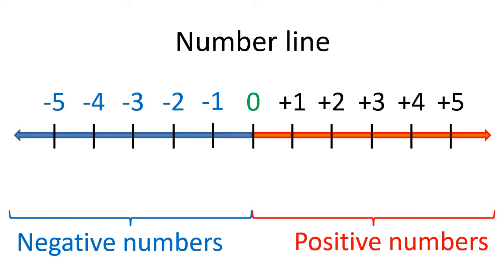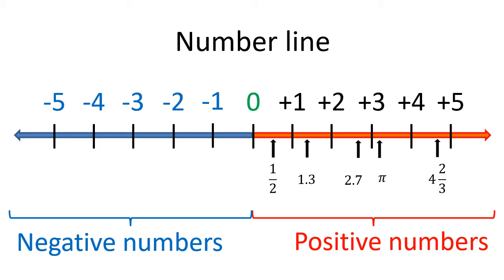Examples of positive numbers are 1/2, which is here, 4 2/3, which is here, and 1.3 here. 2.7 is here, and pi is about 3.14, so it will be placed around here.